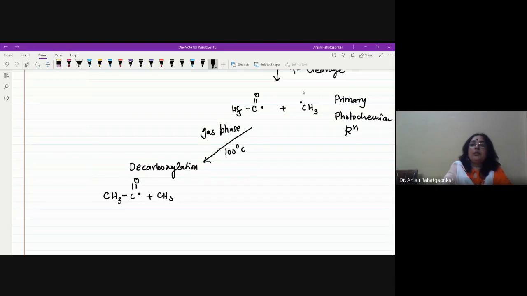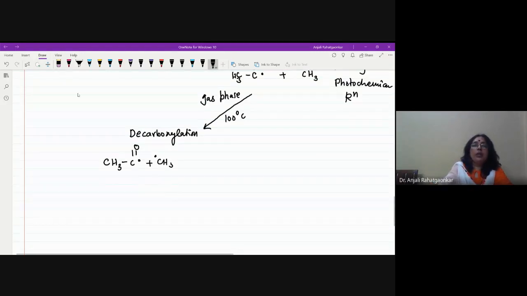In the decarboxylation, I have the substrate. I am writing these two intermediates again to explain the decarboxylation. Now, in the decarboxylation, what is happening? There is the formation of CH3 plus CO, which is nothing but the evaporation of carbon monoxide.